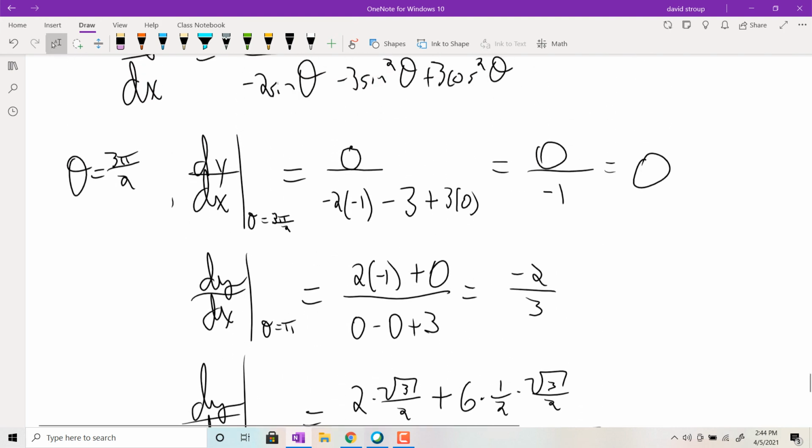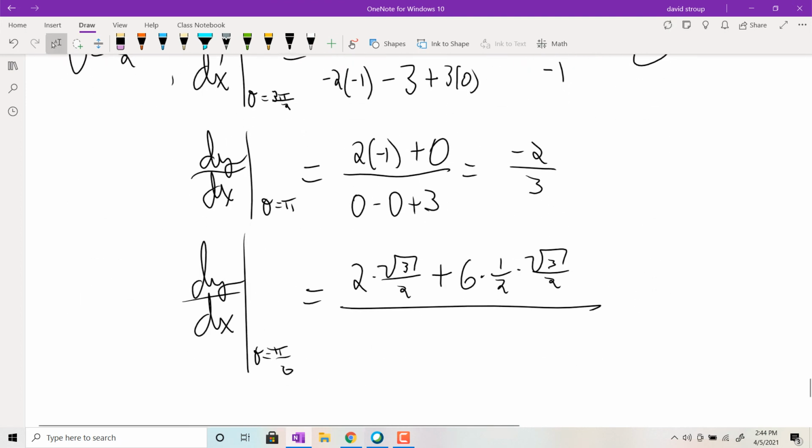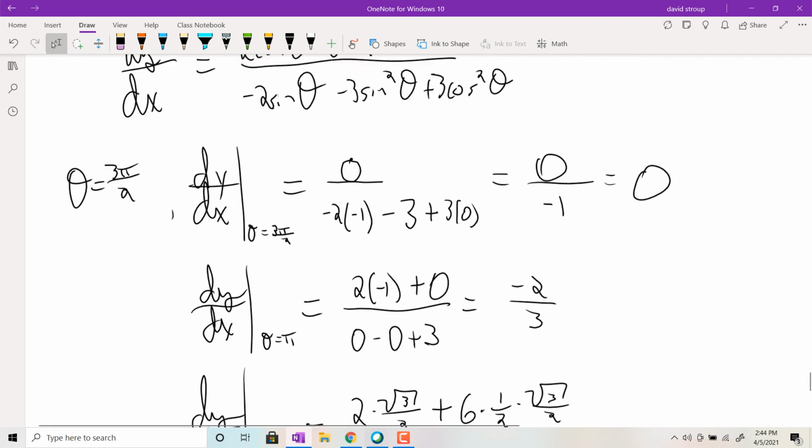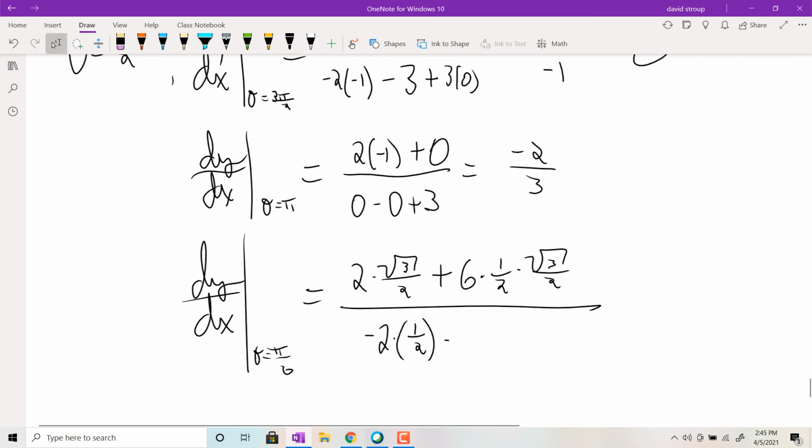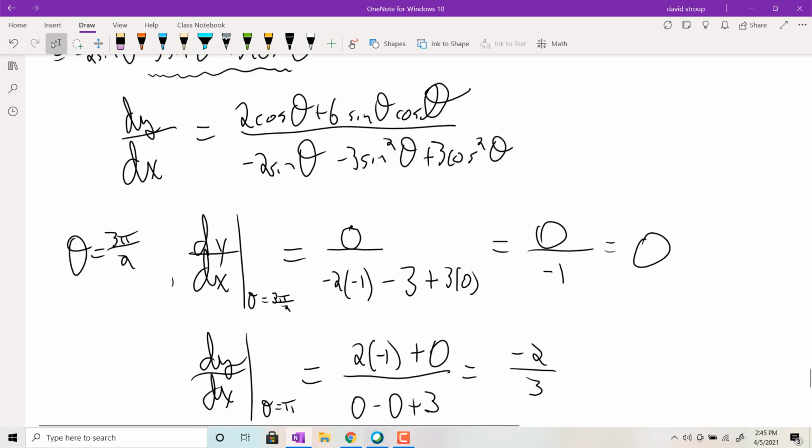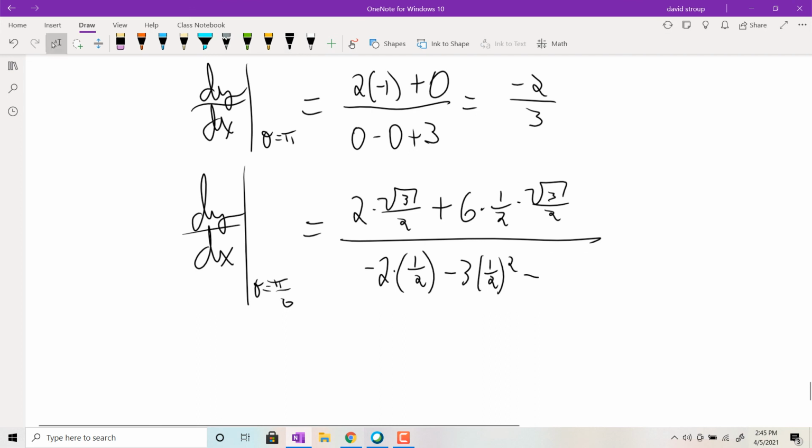All over -2 sine, 2 times the sine of that is 1/2, and then minus 3 sine squared, minus 3 times 1/2 squared, and then plus 3 cosine squared, plus 3 times cosine, which is √3 over 2, squared.